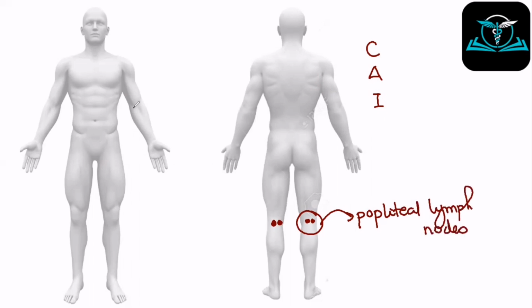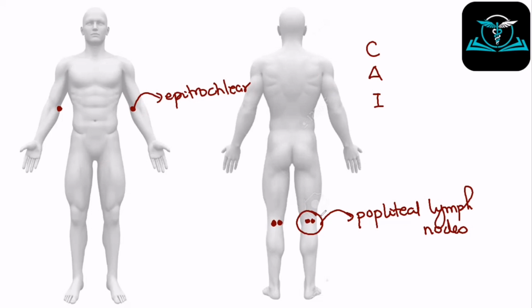Then, here in the epitrochlear region, we have the epitrochlear lymph node. So all these are not considered so major. The major ones I've mentioned are the cervical, axillary, and the inguinal.